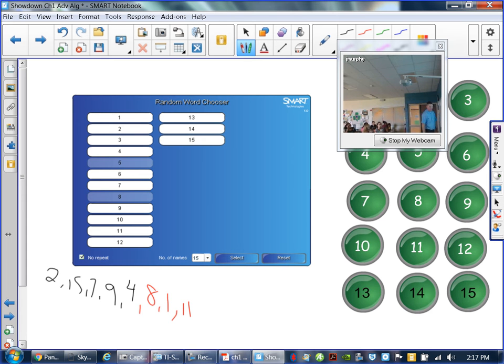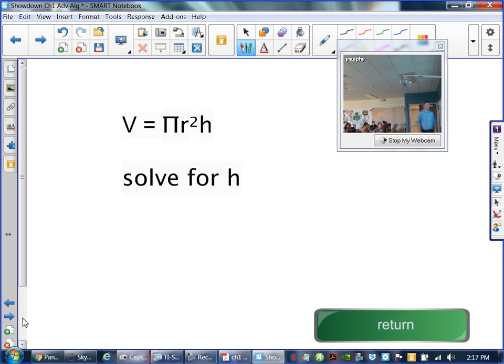12. So we need 12, okay? Solve for h. I assume that's pi right there. That is pi, yes. It was pretty bad when I tried typing this stuff in, and it just didn't look as clean, but whatever.